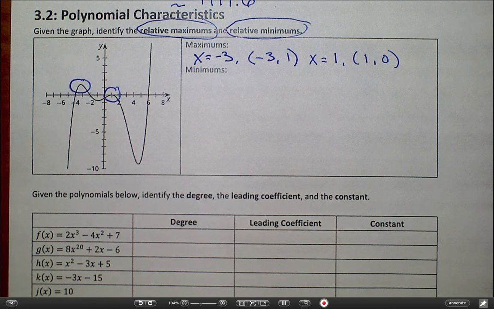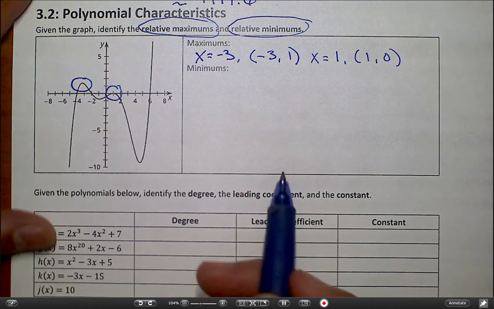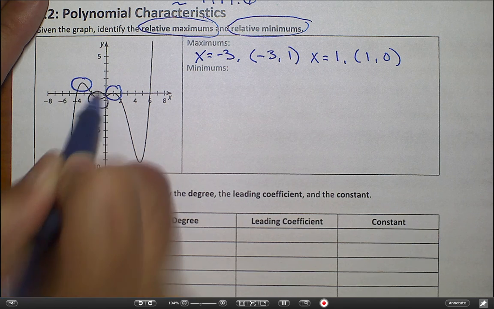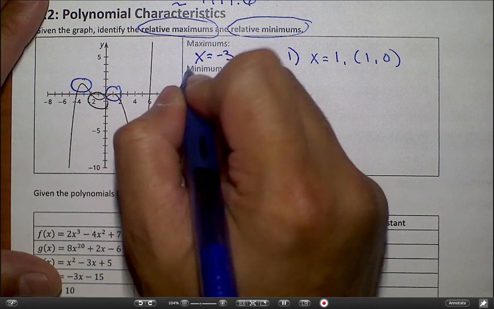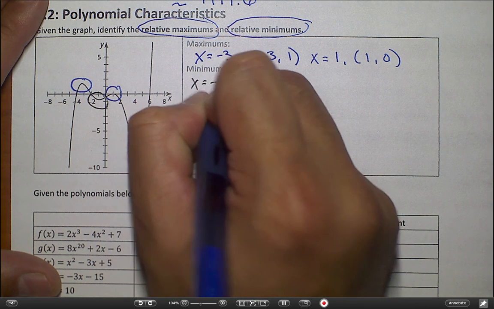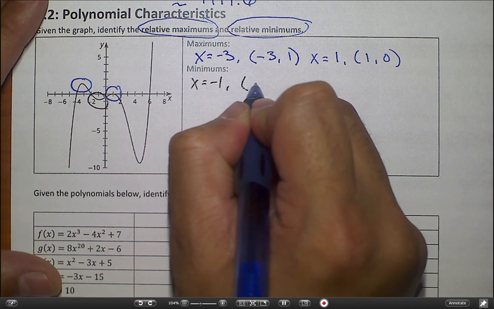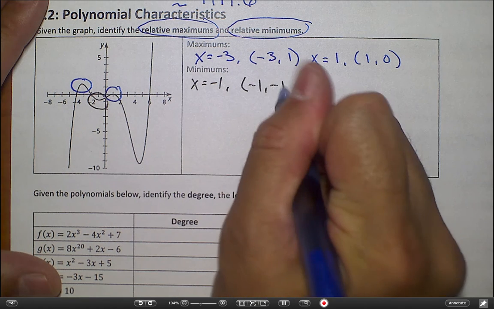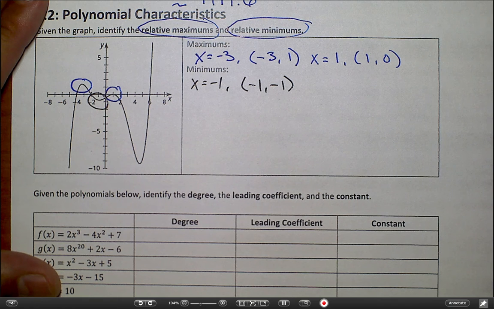Now let's talk about the minimums. The minimums are where it has a little valley. It goes down, then comes back up. So let's take a look right here at negative 1, right? So it's x equals negative 1, and my point is going to be negative 1, comma negative 1. So that's one of my relative minimums.